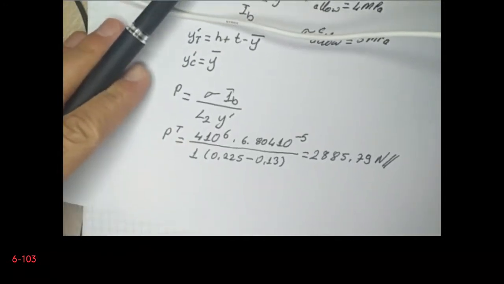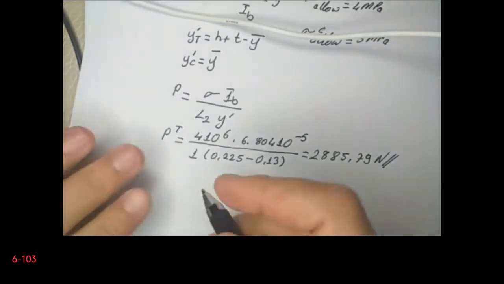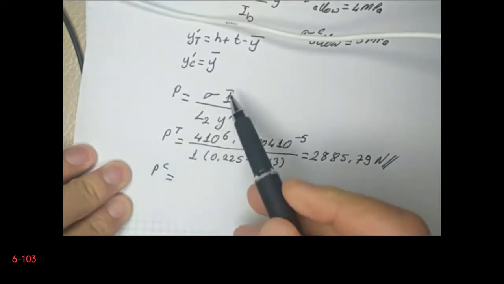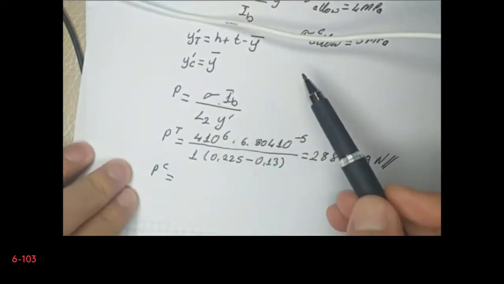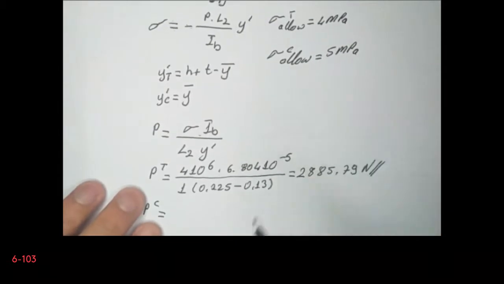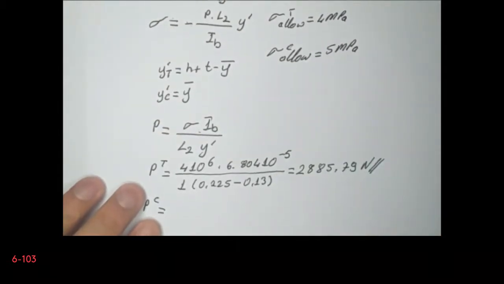So the compressive one is again sigma compression. For the compression, allowable stress is 5 megapascals.